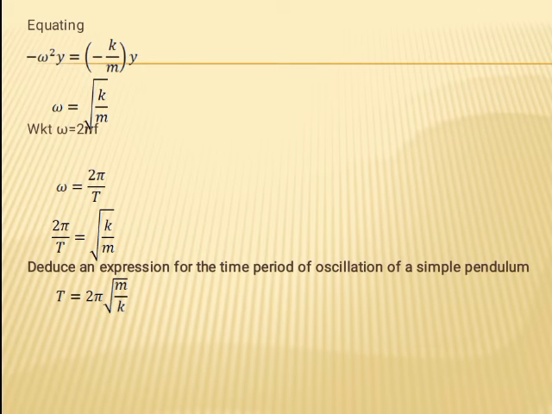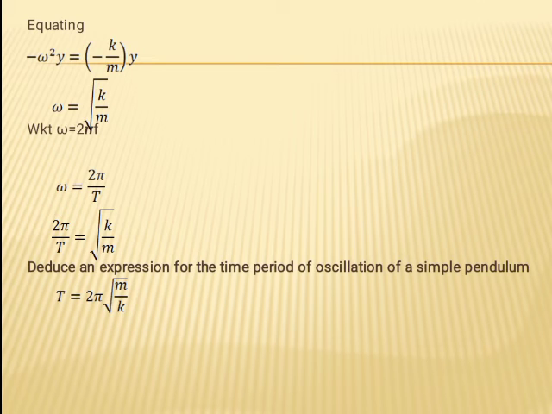Now remember, what is your omega? In your previous chapters of first PUC you might have studied omega is equal to 2 pi f. Now what is f here? How is f, your frequency, related to your time period?